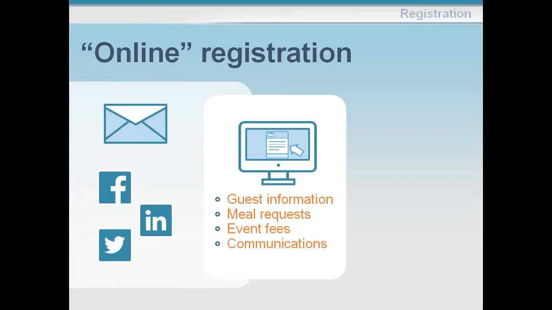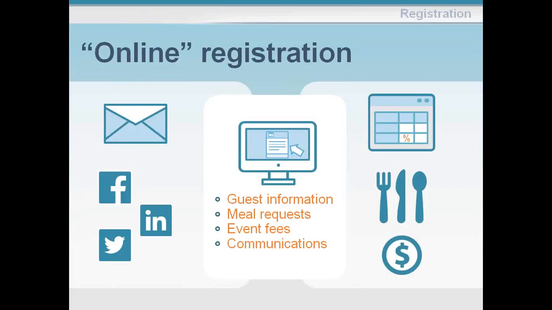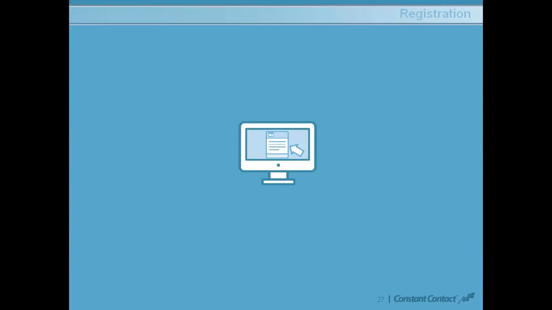During the act of registration, you can also capture fees, guest information, etc. Certain online registration tools may also automatically enter that information into lists you have or allow you to integrate the email with social media, social marketing tools. When we're talking about online registration, we're referring to tools that allow for the input of event registration information, including details.